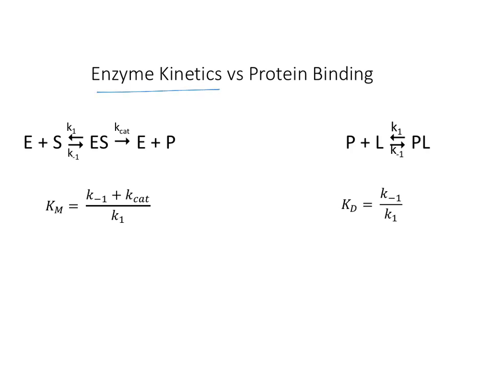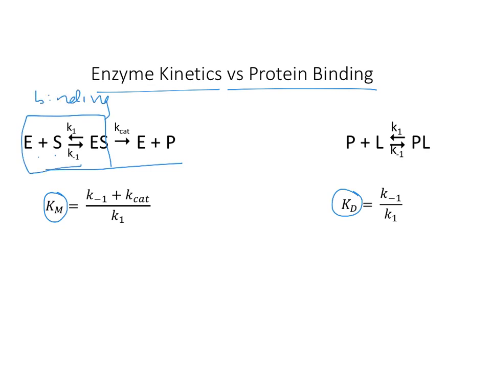Okay, so enzyme kinetics versus protein binding. I kind of alluded to how we use Km as a measure for binding, whereas Kd is the measure. So I want to give you a little bit of the mathematical logic behind this. Here is our general equation, E plus S. This is the binding step right here.